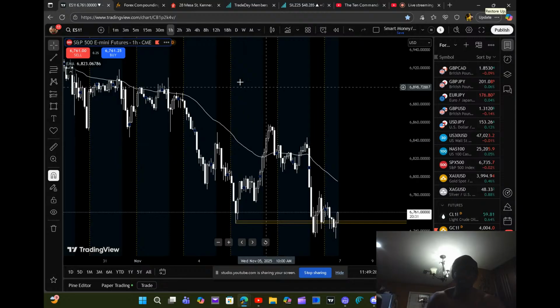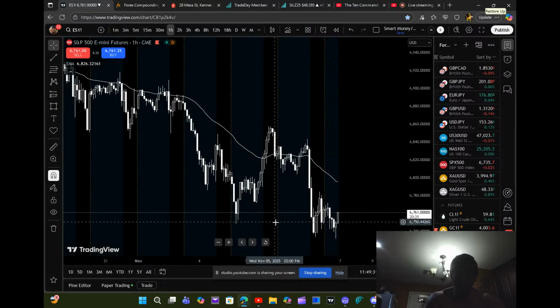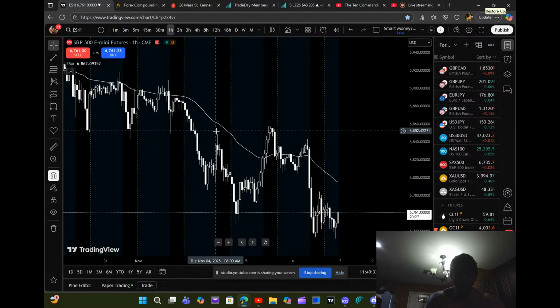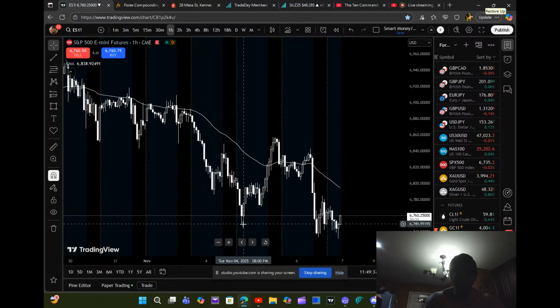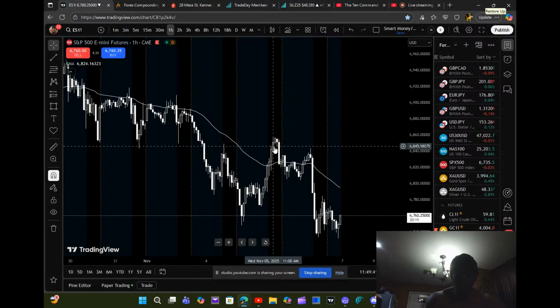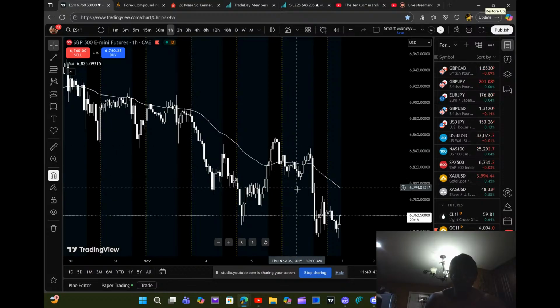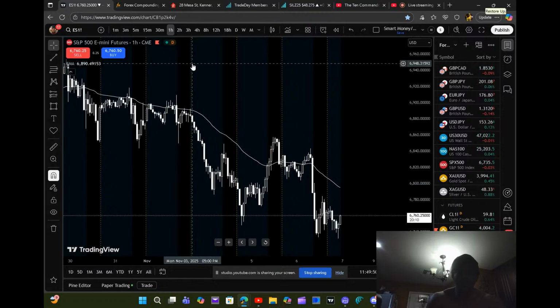So we were bearish. ES and NQ. So we came down, came up, came down again. We broke the high right here. But then we came back and we broke the low. So this could be continuing to go down.